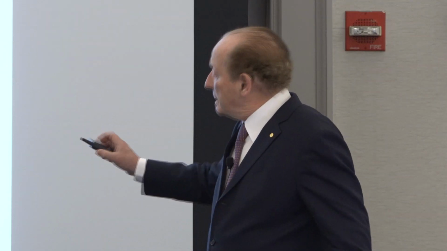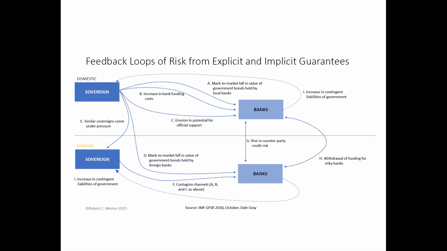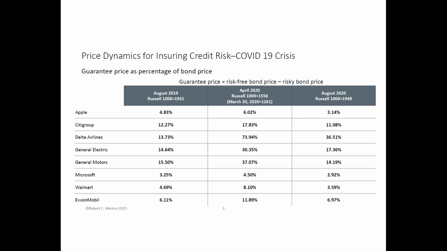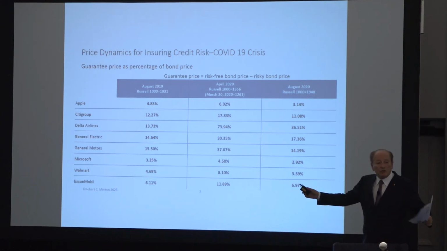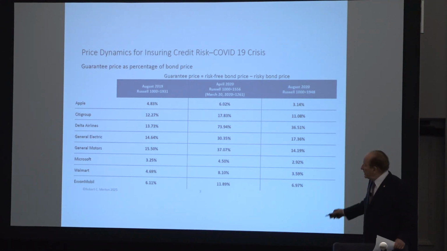So let me just show you the numbers. I went to August of 2019, no COVID as far as we know, right? Here are the various premiums. You might be surprised, by the way. Apple, 5% of the value of the bond is the cost of the guarantee.